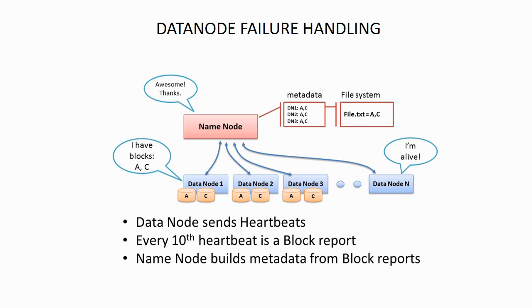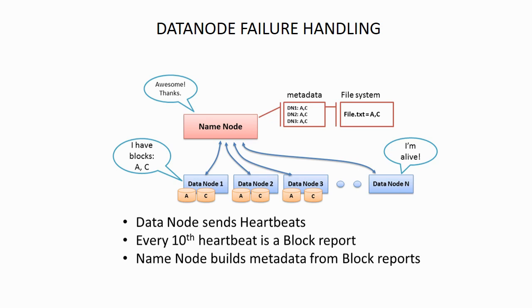Now, how do we handle when a data node fails? As I already mentioned, the data nodes send heartbeats, and every 10th heartbeat actually contains a lot of information about all the blocks that are stored inside the data node. So that's called a block report.